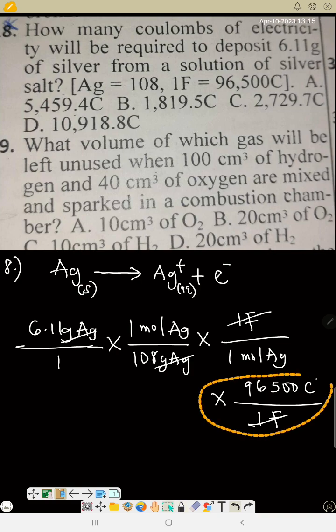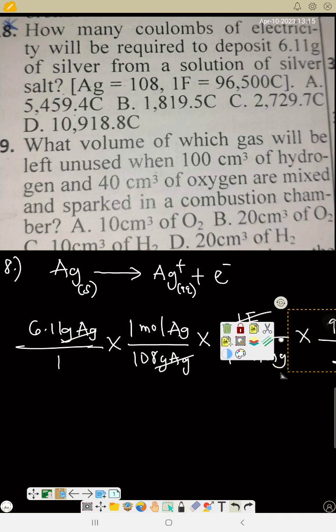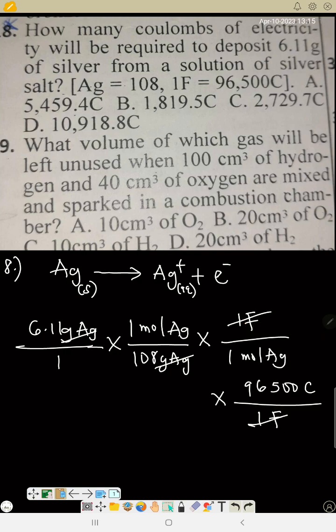Note that this should be a continuation here, but there is no space, so that's why it's written here. Now I've moved from 6.11 gram of silver to coulomb.